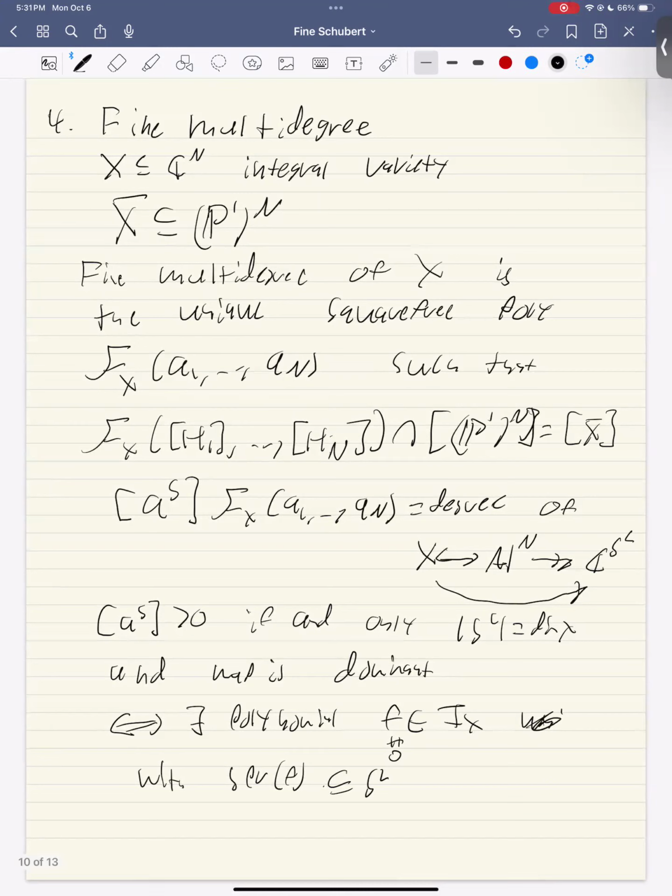Say that some polynomial f in I_X is a circuit polynomial if f is not equal to 0 and the spread of f is minimal with respect to containment.